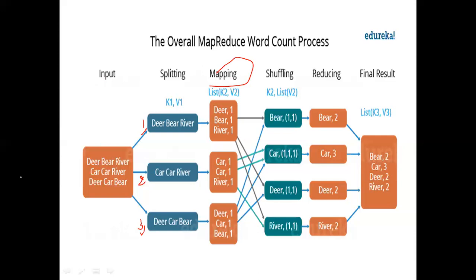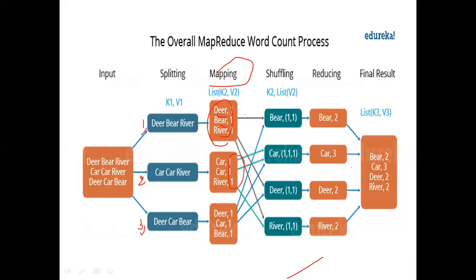Next, when we come to the output of the mapping function, keys are strings: deer, beer, river will become the keys, and these ones will become the values. Here k1 comma v1, which is the input to the mapping function, is integer comma string.